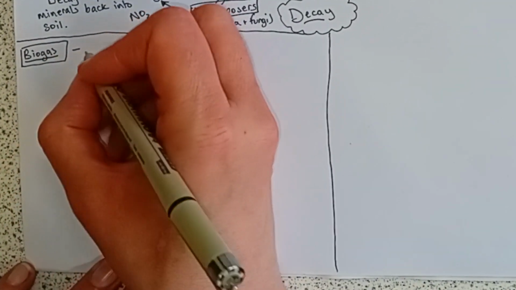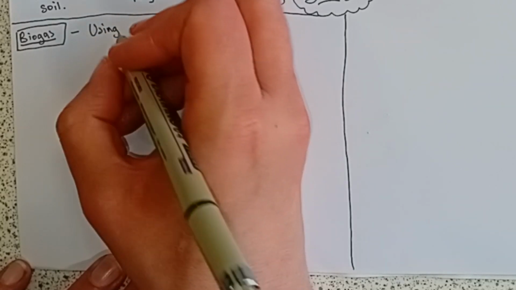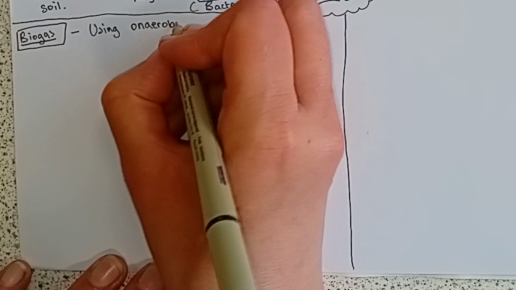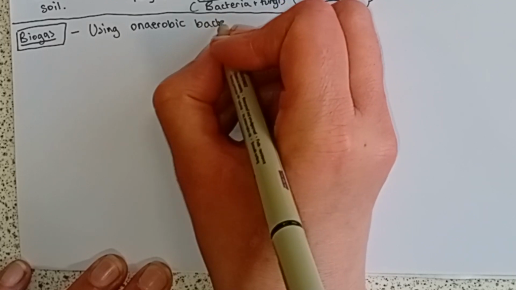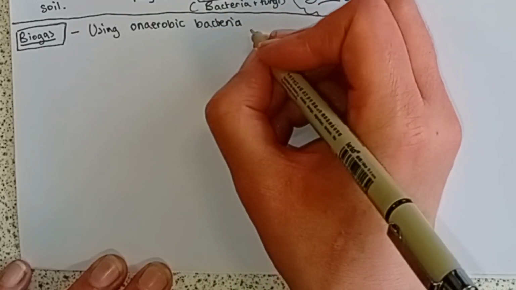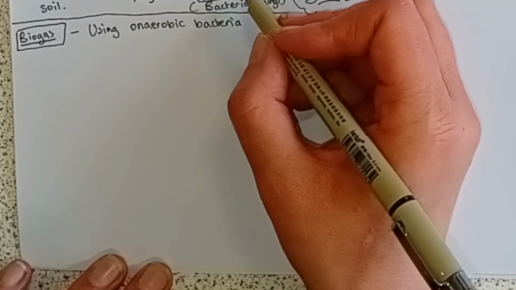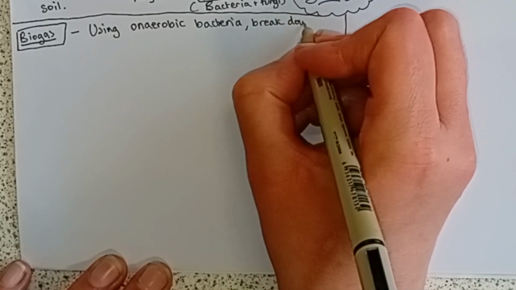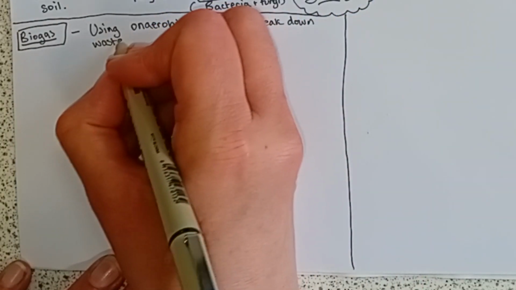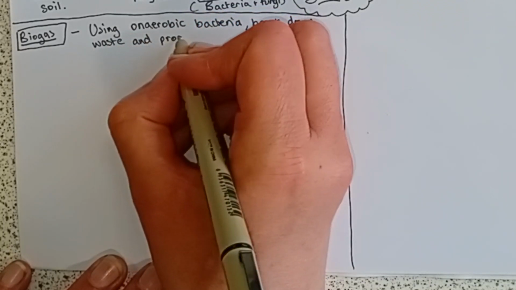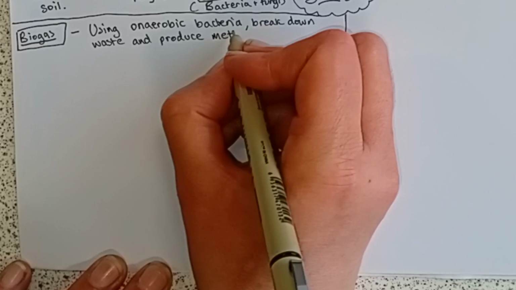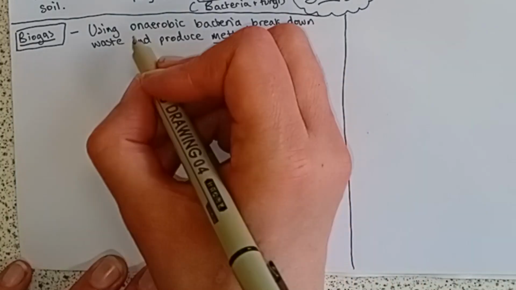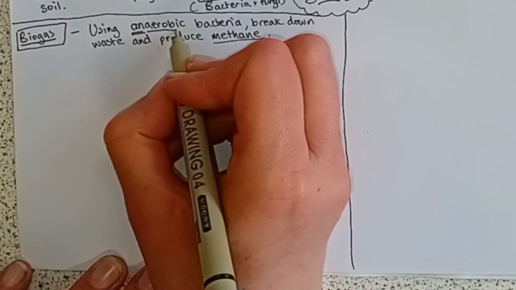So making biogas is using anaerobic bacteria to break down the waste and produce methane. And it's the methane that we want. So it needs to be anaerobic conditions.